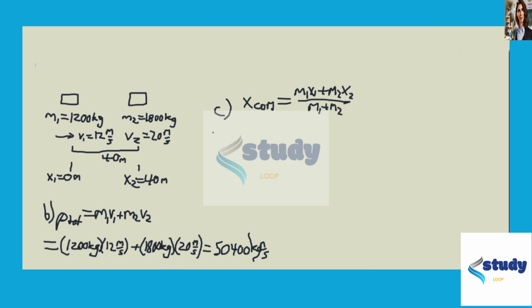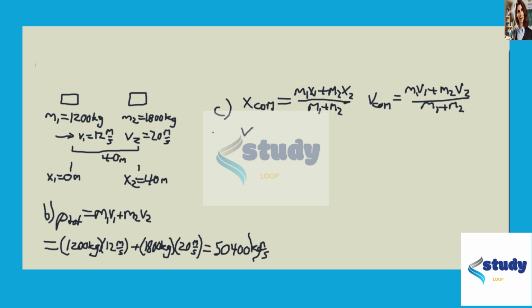Taking the derivative here, because the velocities are constant, the time derivative of X_COM is V_COM. The time derivative of x1 is v1, and the time derivative of x2 is v2, all divided by m1 plus m2.